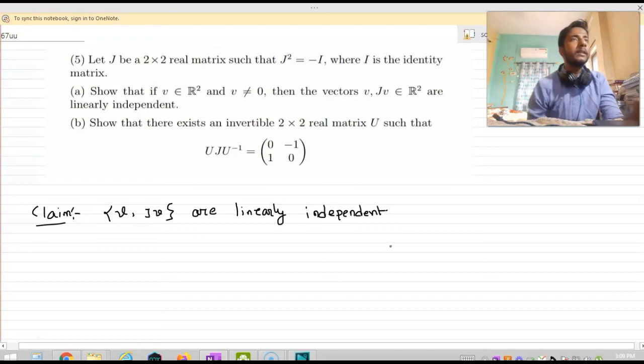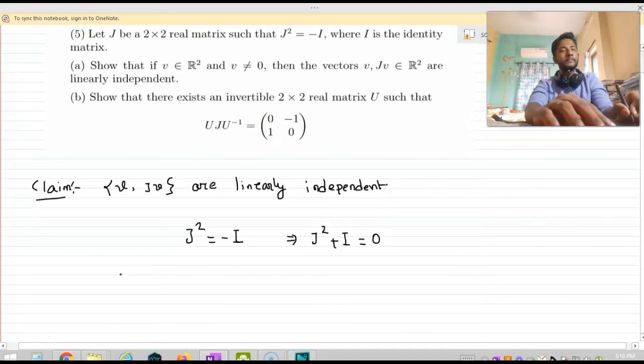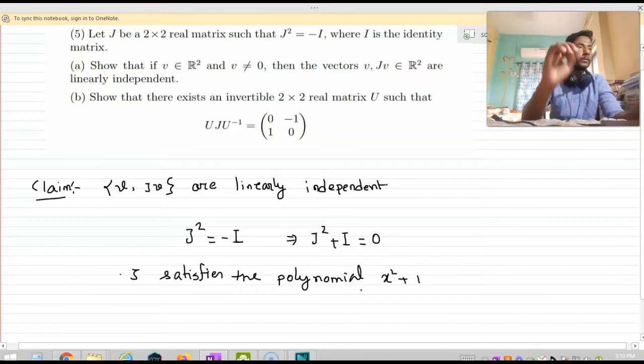Now it is given that J square equal to minus I. So we also can write this as J square plus I is equal to 0. Hence we can say that J satisfies the polynomial x square plus 1.